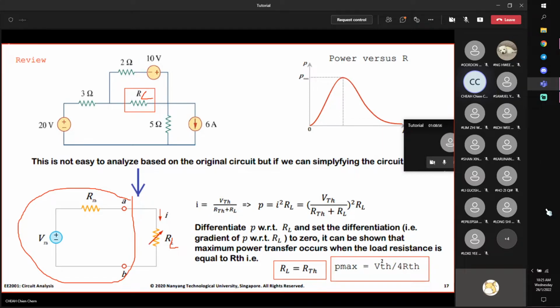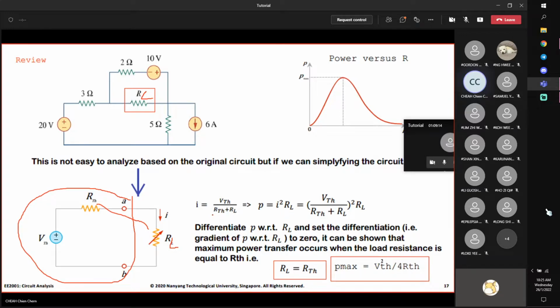For example, what is the current going through this load? I is equal to VTH divided by RTH plus RL, correct? Then power is equal to I squared RL, the power delivered to the load, where L is the load.